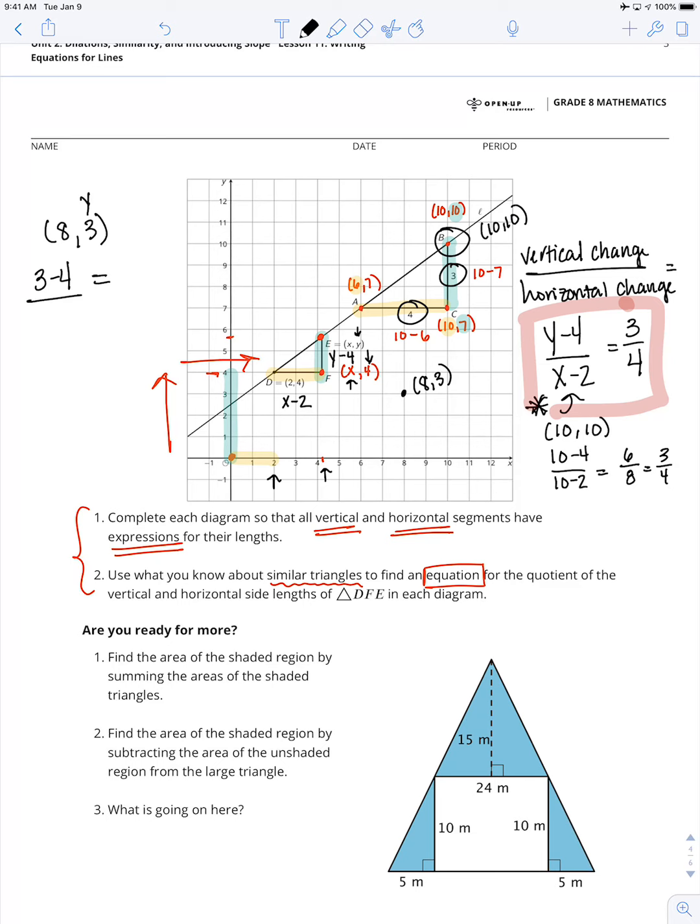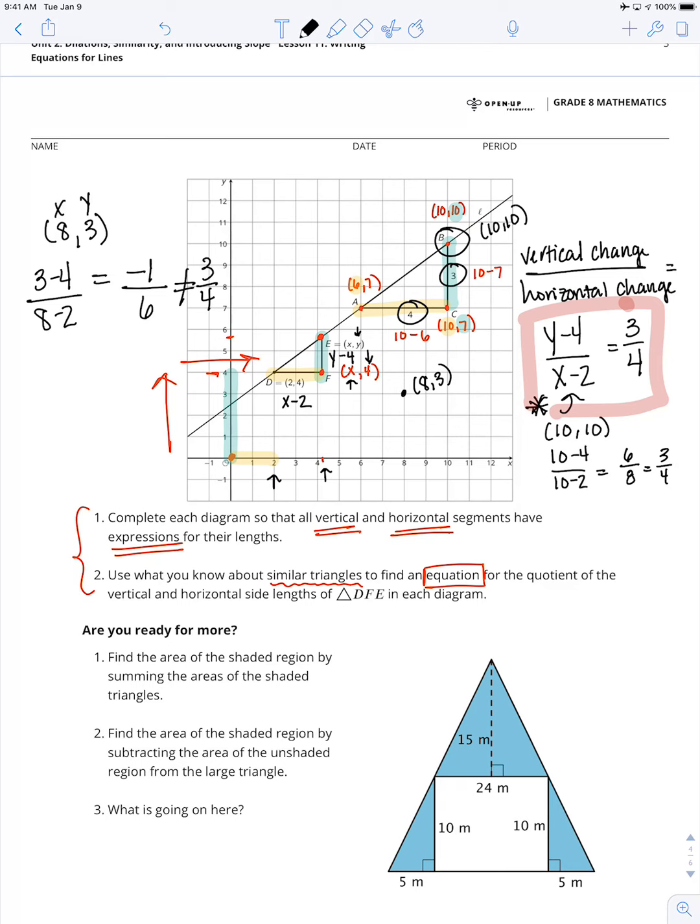My x value is 8, so 8 minus 2. And already looking at this, I see this is 6, and 3 minus 4 is a negative number, that's a -1. That is not equal to 3 over 4. So that does not lie on the line.